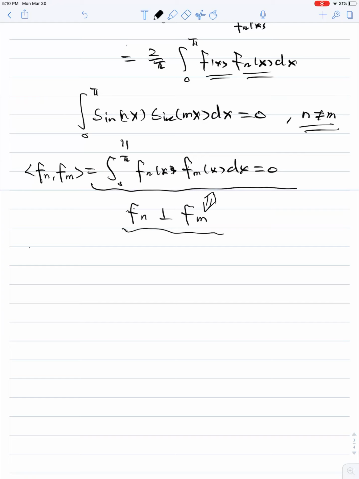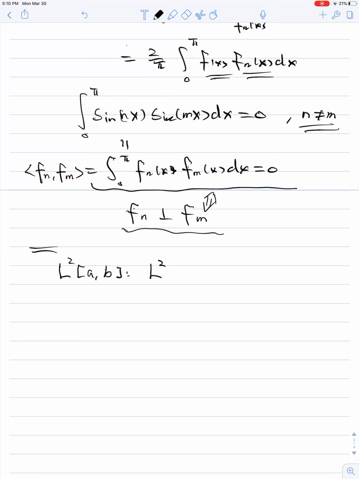So now we have a vector space. Our vector space is what we call L2. L here actually stands for Lebesgue, but we're not going to talk about the Lebesgue integral here.